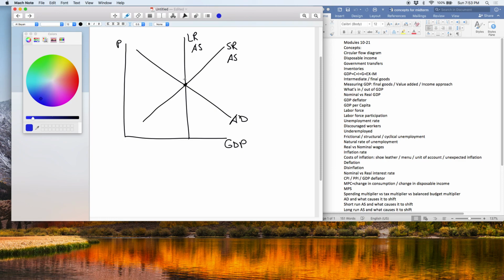For example, let's say there is some kind of disaster, a hurricane or a huge storm that destroys factories. As a result, let's say the cost of oil goes up. So in other words, costs of production go up. That's a negative shock to the economy, and that is a situation where you have a recessionary gap.